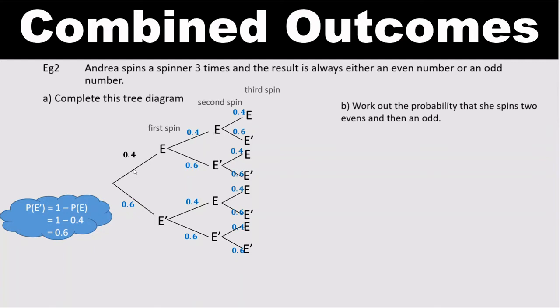Following those branches, that's a probability of 0.4 and another probability of 0.4 and another probability of 0.6. Remember that these are independent events. The chance that I've spun an even on the first spin does not affect my chance of spinning an even or an odd on the second or third. So our AND rule is that we'll multiply these probabilities together. The probability to spin an even, even, then an odd is 0.4 times 0.4 times 0.6, which is 0.096.